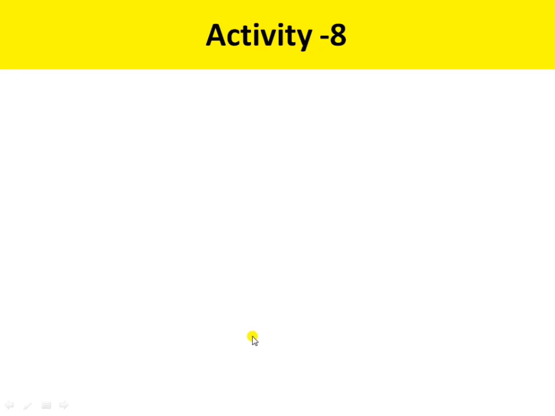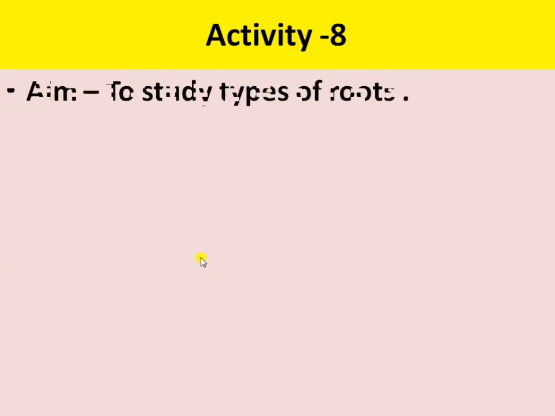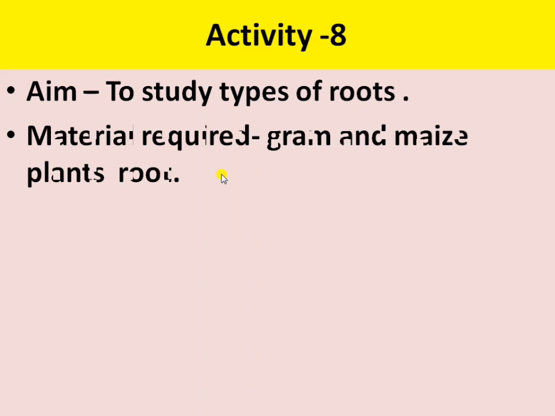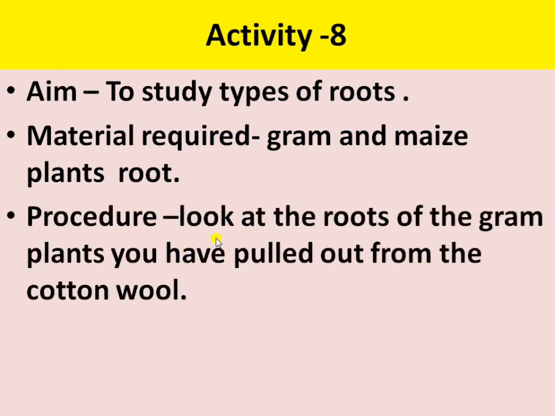Now next topic is activity number 8. Aim is to study the types of roots, and the material required: we need to take the gram and the maize plant roots. So the procedure is, firstly look at the roots of the gram plant and the maize plant that you have pulled out from the cotton wool in activity 7.